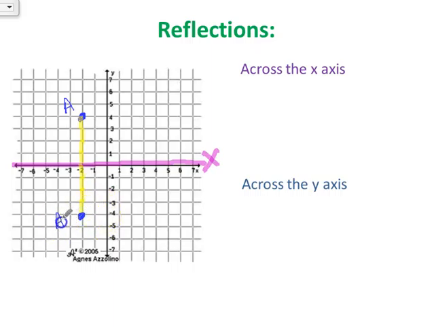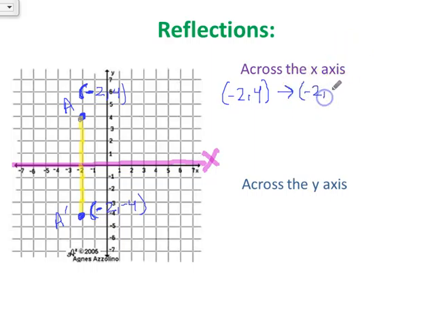And that would be our reflected point. Let's take a look at our coordinates here. The coordinates of our first point was -2, 4. So we took the point -2, 4, and we reflected it across the x-axis, and the coordinate of our reflected point was -2, -4.